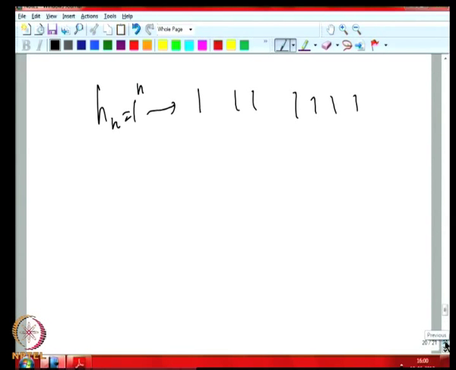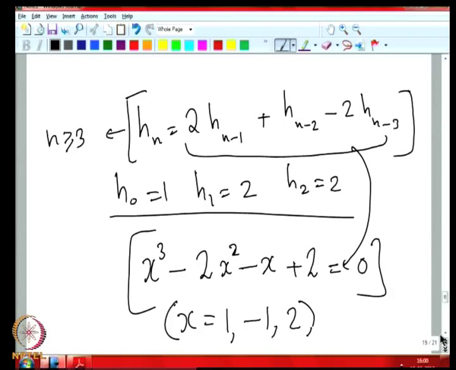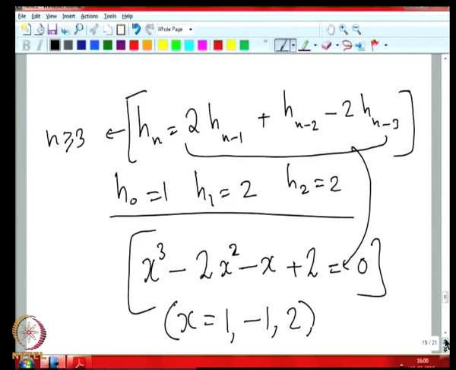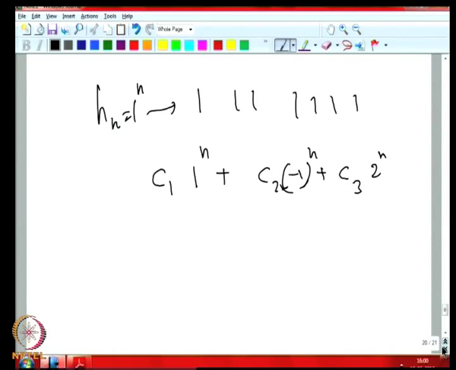Similarly, you substitute it and you can see that minus 1 raised to n is also a solution, and 2 raised to n is also a solution. More than that, you can select any constants C1, C2, C3, and C1 into 1 raised to n plus C2 into minus 1 raised to n plus C3 into 2 raised to n also will be a solution. That is what we said, right.